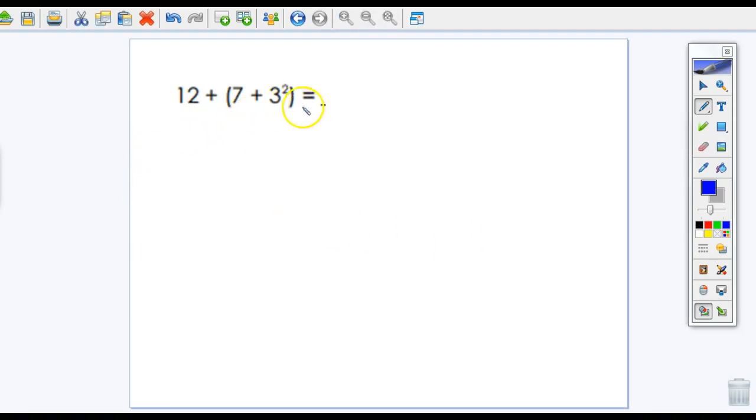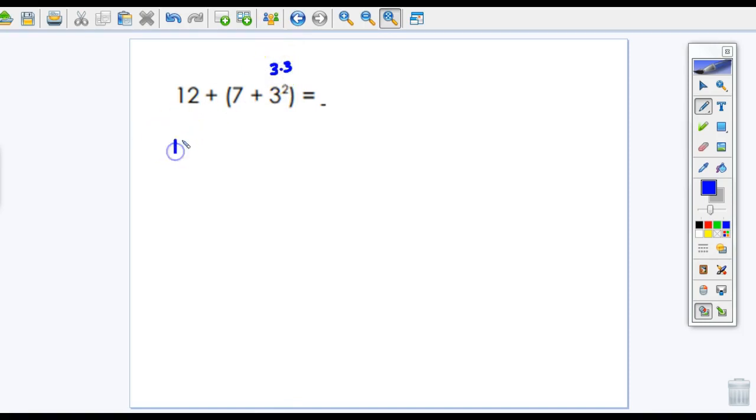Lovely. So here we have another one similar to the last one, but this time my exponent's inside my parentheses. So in order for me to get rid of this equation here, I need to do this exponent operation first. So first I have to find out what 3 times 3 is.